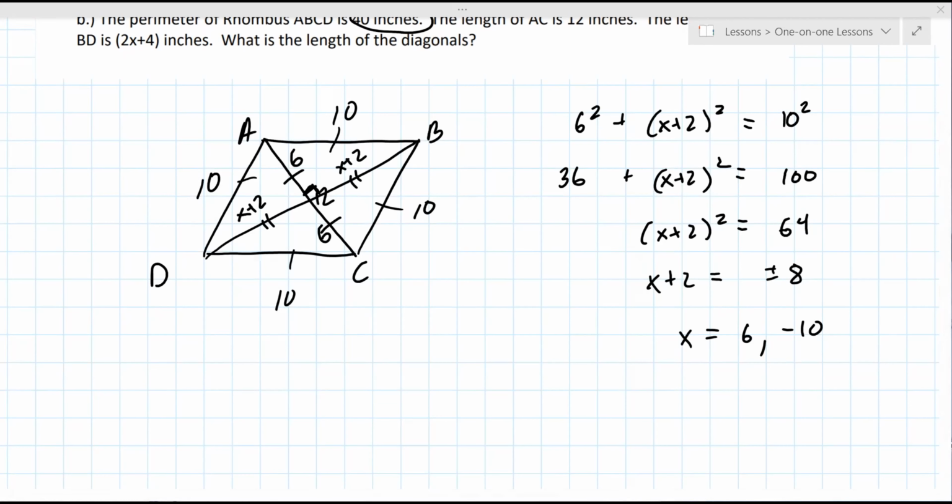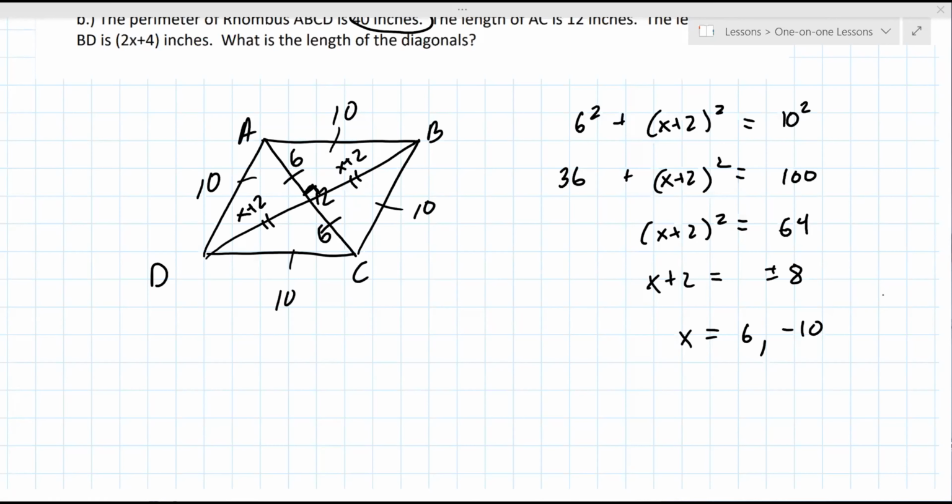Okay, and then we take the square root of both sides. x plus 2 is plus or minus 8. Okay. And then we can subtract 2, and we get x equals -2 plus or minus 8. So x is either -10 or x is 6.